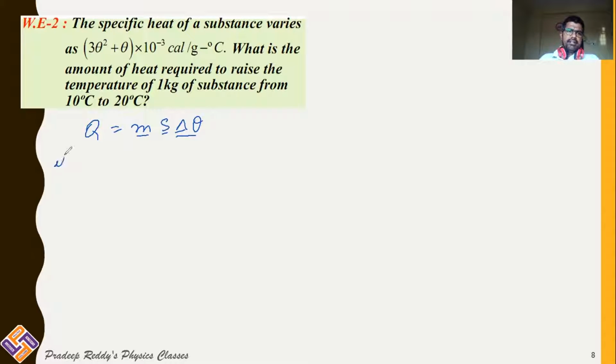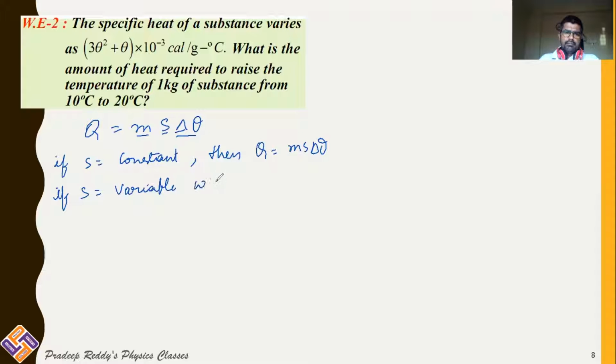If S is equal to a constant, then simply we will write Q is equal to M S delta theta. If S is variable with temperature, that means, for example, the specific heat of water is 1 calorie per gram degree Celsius at 4 degrees Celsius.